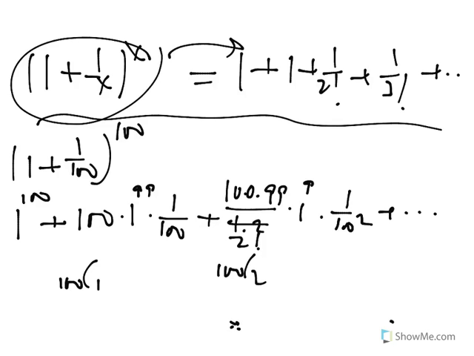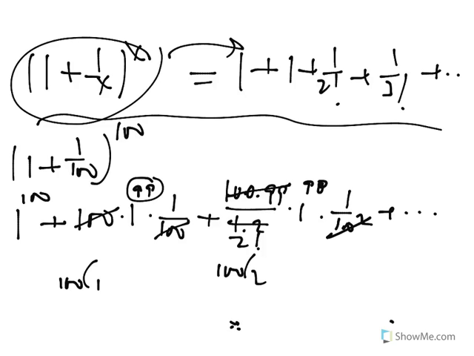And what ends up happening is that this 100 squared is fairly close to this 100 times 99, and this 100 is equal to this 100, and 1 to the 99th is just 1, and 1 to the 98th is just 1.